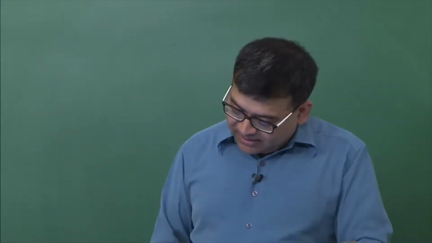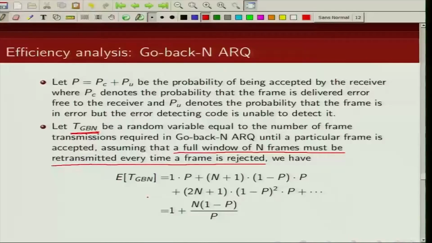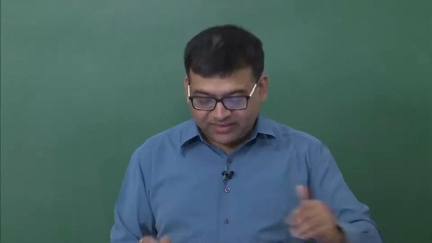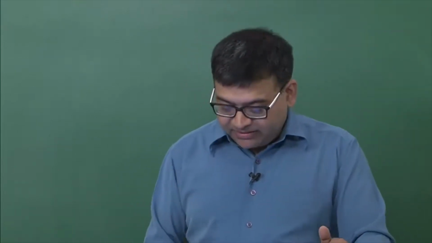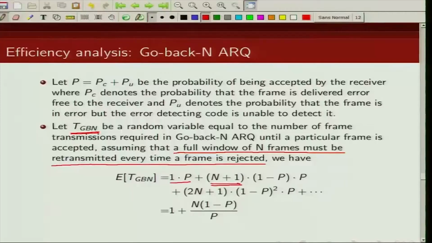Now you can see if the packet is received correctly in the first instance, that probability is 1 into P. If the packet is not received correctly the first time, we are retransmitting these N packets. So for the second time it will be received correctly, the number of frames is N plus 1, times the probability that it was not received correctly in the first instance, times the probability that in the second instance it was received correctly.